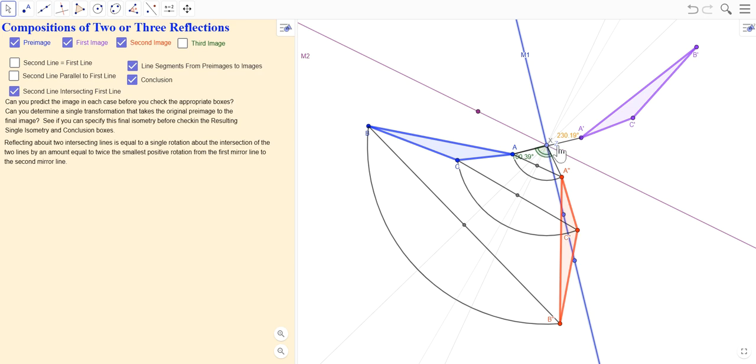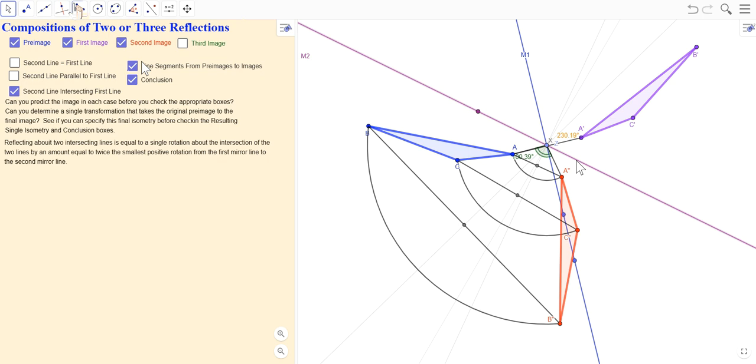Well, A prime and A double prime are also equally distant from X, or Z, this point of intersection, because of this being a perpendicular bisector of the line segment going from here to here. So looking at this line segment, that's going to be perpendicularly bisected as well. So that tells us that A, A prime, and A double prime are all equally distant from this center point. Okay, so that's our first thing.